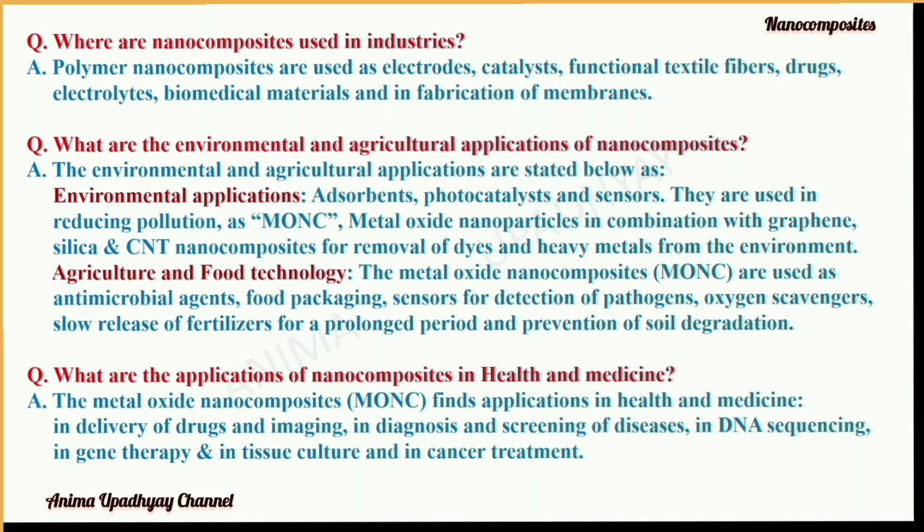The environmental applications of nanocomposites are as adsorbents, as photocatalysts, and sensors. They are also used in reducing pollution as MONC, that is metal oxide nanoparticles in combination with graphene, silica, and carbon nanotubes for removal of dyes and heavy metals from the environment.